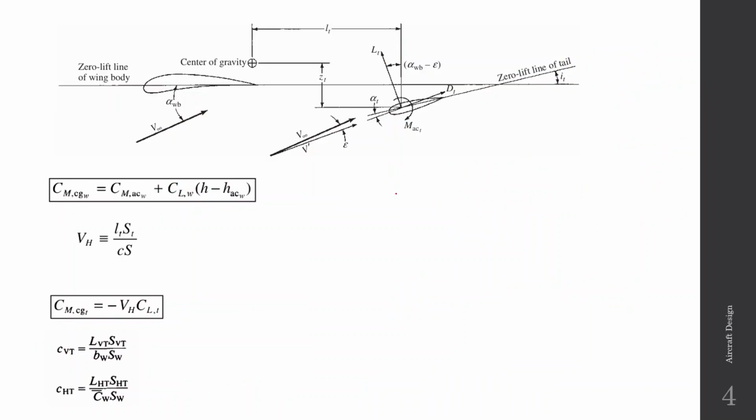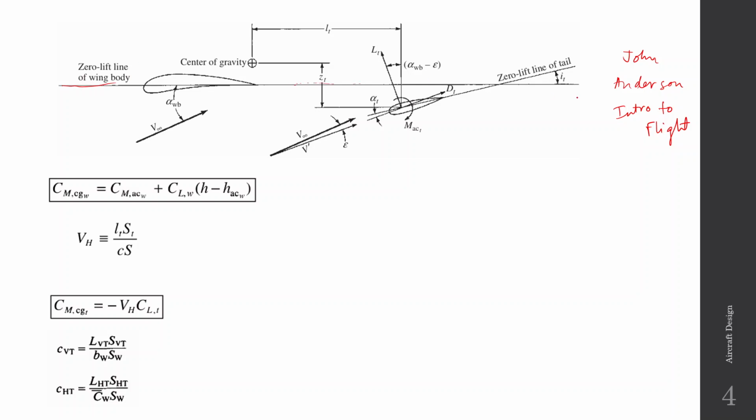So here again let us discuss what are the contributions to the moment, and these pictures and equations I have taken from John Anderson's Introduction to Flight. So this line over here, it is the zero lift line of the wing and body contributions.